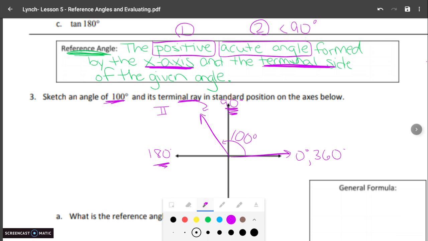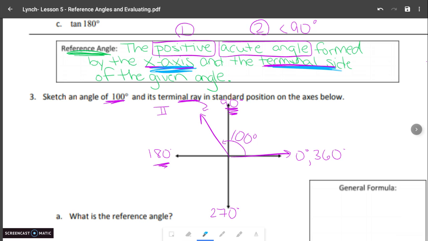So A here is asking us to find the reference angle. Looking back at the definition above, the reference angle has to be positive and it has to be an acute angle less than 90 degrees. And we form it between the x-axis and the terminal side.